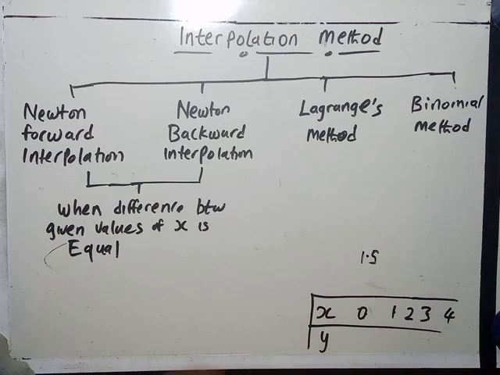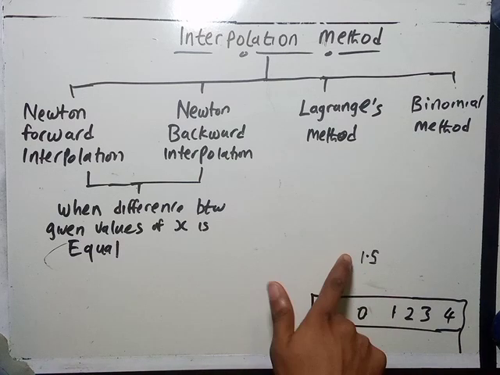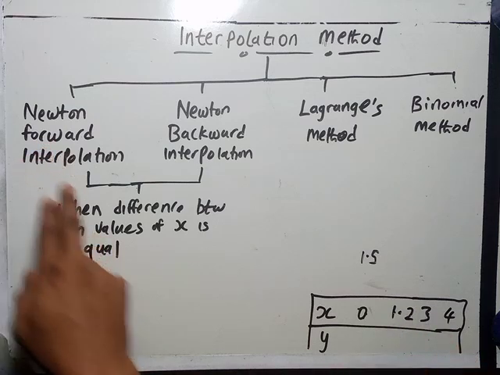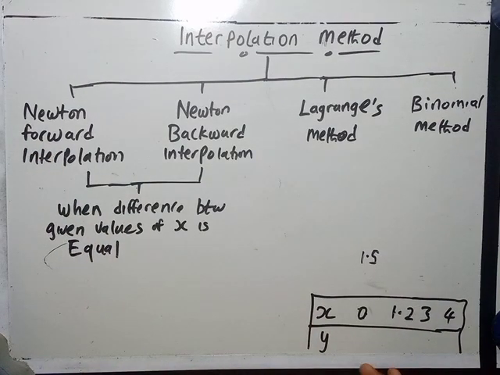If we're using this table, for instance, which has about five x values, and we are asked to find the value of y when x is 1.5, we know that 1.5 will fall in between 1 and 2. So at this point, what we'll be using is Newton's forward interpolation method.